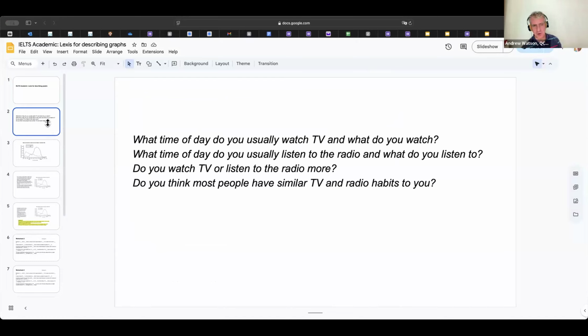I might nominate people. Laura Victoria, what time of day do you usually watch TV and what do you watch? I usually watch TV at night, around 7 o'clock, after I organize all my stuff for the next work day.